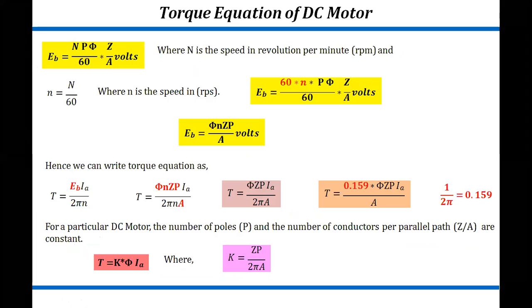Before that, you can see the equation for back EMF when we write the speed in rotations per minute. If you are supposed to solve for rotations per second, you will get the equation like n Z P phi upon A, because 60 will get cancelled here. Again, we can write these equations in the form of one constant term.